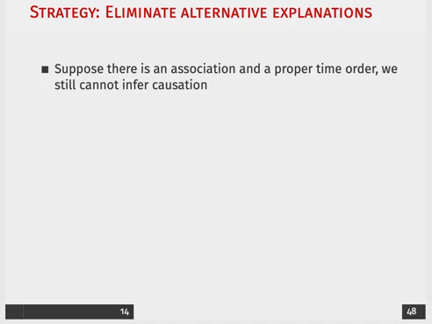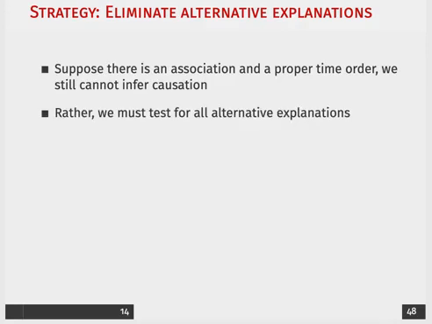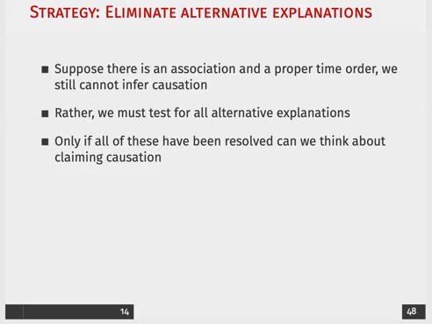Essentially, what our overall goal at all times, regardless of the type of data that we're given, is we want to try to eliminate possible alternative explanations from the one that we're proposing as our main hypothesis, right? So that is going to be incumbent on us to show that there's an association sometimes. That's always going to be the case that we want proper time ordering, but even if those things are true, we may not be able to make a causal inference, right?